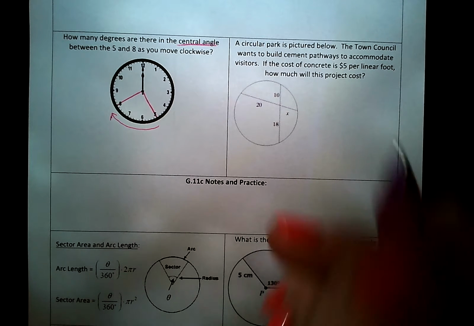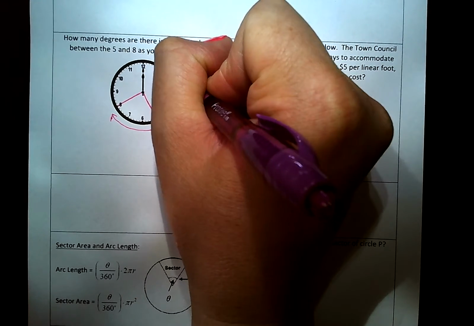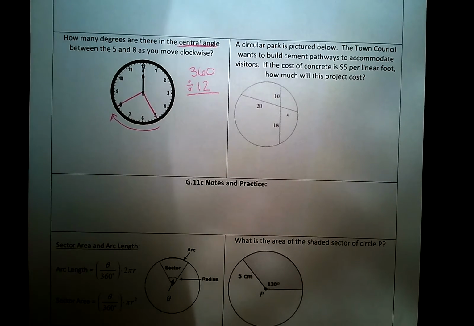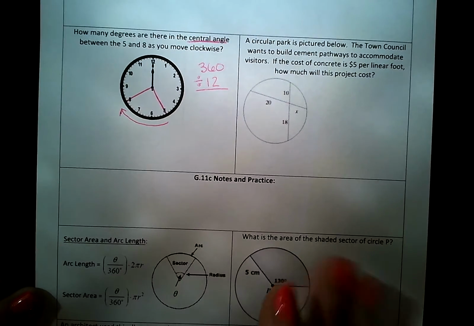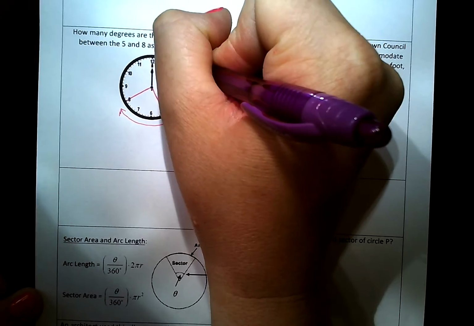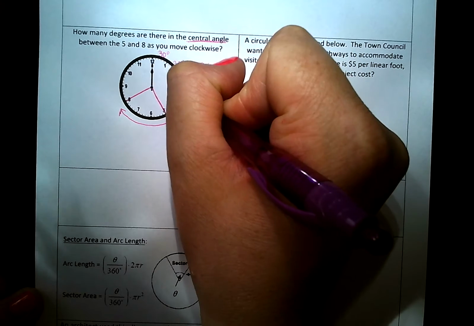So we could take our 360 degrees around the clock and split it into 12 pieces. 360 divided by 12 is 30. So each angle or each arc of the clock between the hours is 30 degrees of rotation.